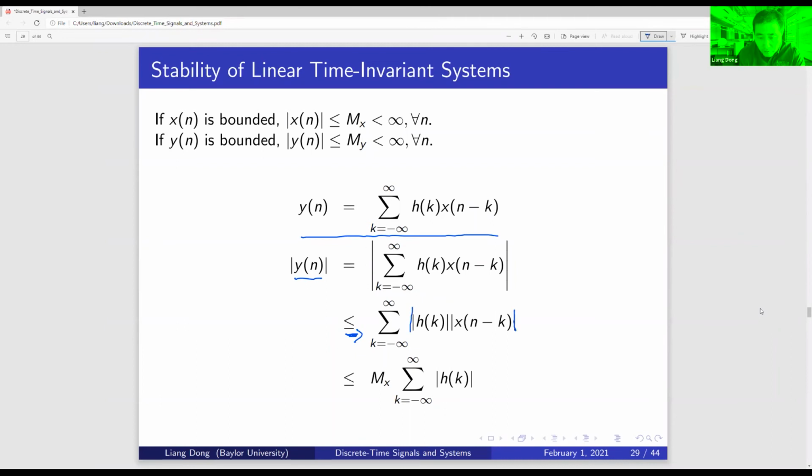Then I can break that into two: the absolute value of h[k] and another absolute value of x[n minus k]. Because the absolute value is inside the summation, you expand it, so it is less than or equal to that.